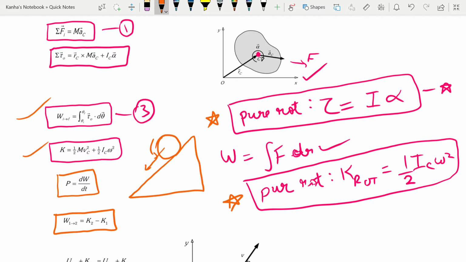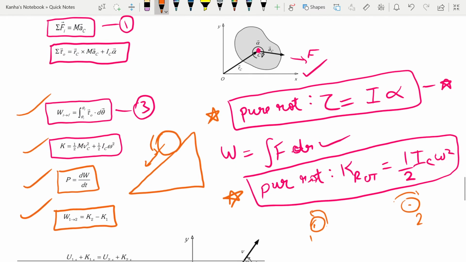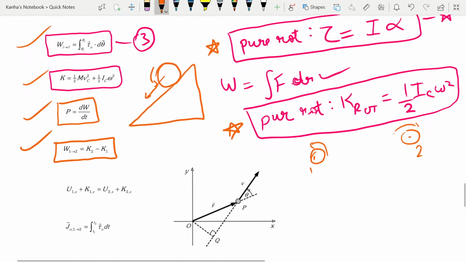At point 1 you are not only concerned about its net position and velocity, you are also concerned about its rotational status. These two are quite important and often asked in the paper.